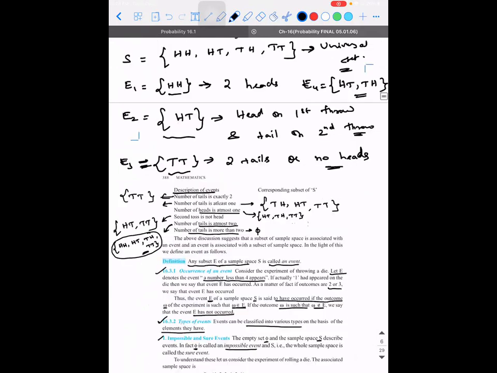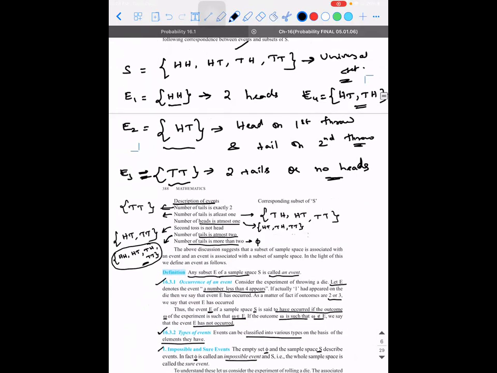I've written it here also. So listen, I'll ask you. 2 heads. Is it a simple event? So a simple event should have only one sample point. You know what is a sample point? All the elements of the sample space are called sample points. So head. Is it a simple event or a compound event?